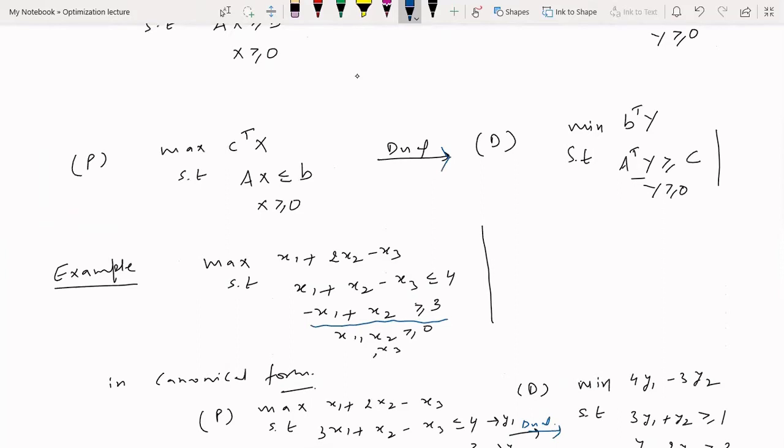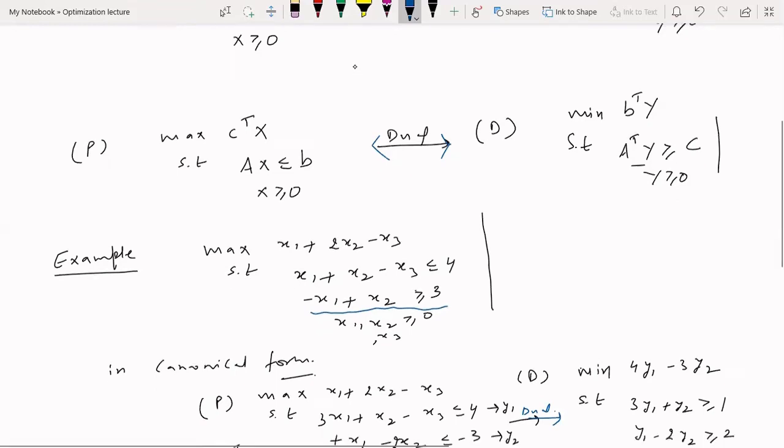If you consider this problem as the primal problem, you can always write the dual problem as the same problem, because for minimizing, the dual is the maximization, and for constraints A transpose Y, A transpose is nothing but A multiplied with another variable, say Z, less than or equal to B, which is nothing but AZ less than or equal to B. Z and X have the same dimensions, so these are dummy quantities, it's the same variable, and Z is greater than or equal to 0. Z is what my X is here, so X is greater than or equal to 0. So the dual of this dual is primal.